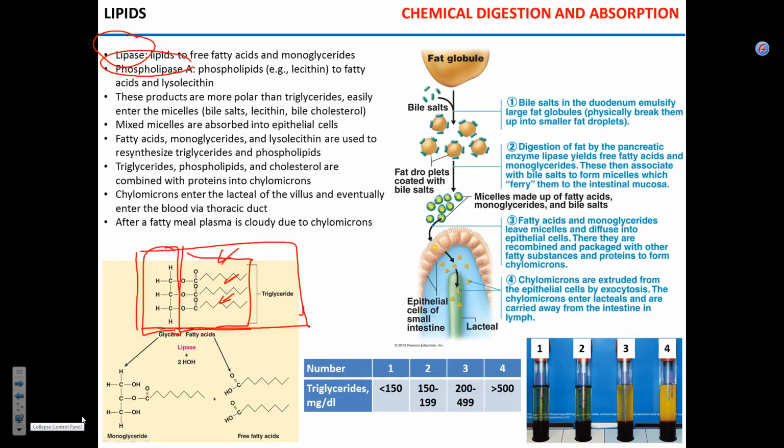What happens instead, you have two molecules of free fatty acids and the molecule of so-called monoglyceride, which means one molecule of free fatty acid still hangs on to the glycerol. Does that make sense? Right? Make sense?